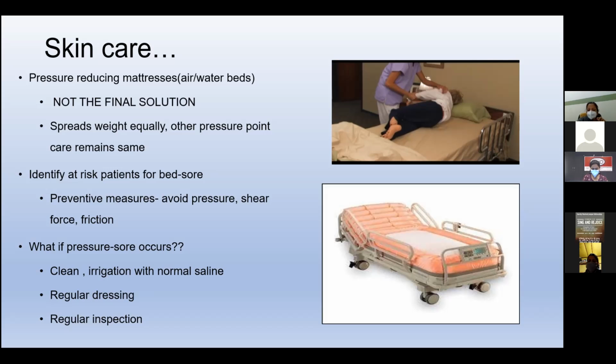Okay? Regular dressing of the part is important, and regular inspection, and not to forget the documentation. Right. So whenever we are giving care, documentation is also a must. That will help whenever there is change of shift, change of the caretaker in the hospital setting, that is very essential.